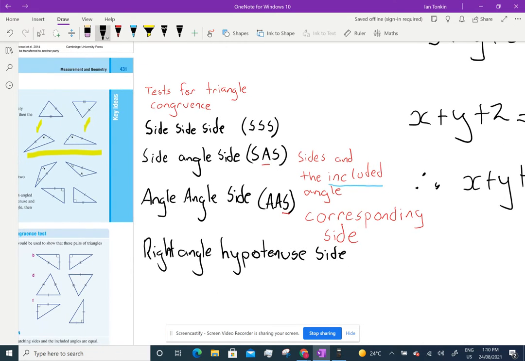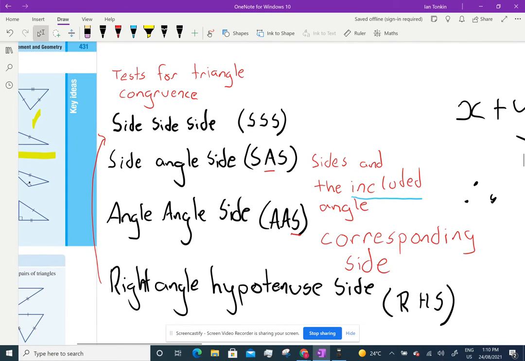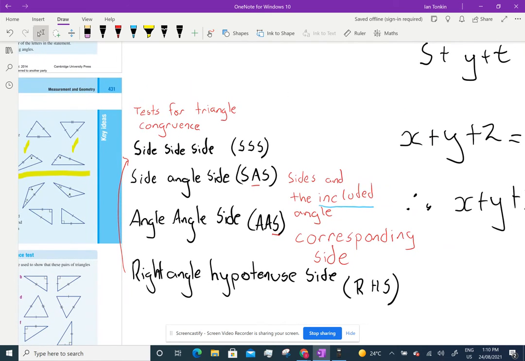And there's no special conditions with that. As long as you've got a right angle, a hypotenuse and a side, RHS, you've got it. And essentially what that means is if you've got a right angle, a hypotenuse and a side, well, by Pythagoras, you can work out the third side. So it really is just another version of this. Now, there are our 4 tests for triangle congruence.